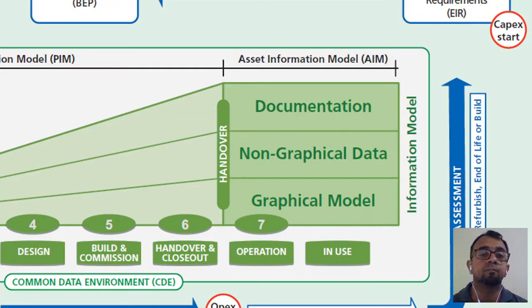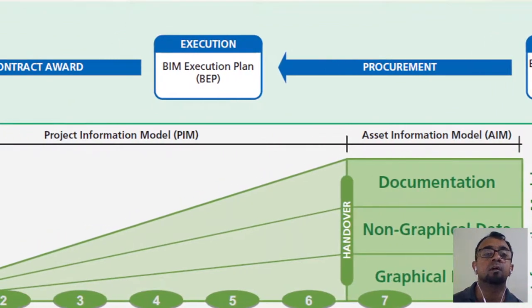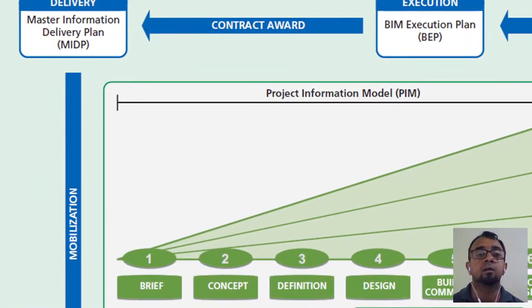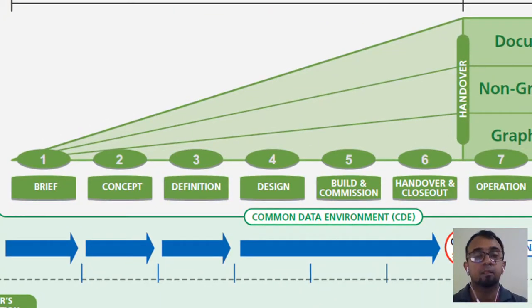Upon the handing over, what is there is called the asset information model, AIM. Be familiar with these terms because they will appear regularly in various different places, so you must not get confused about what they are.